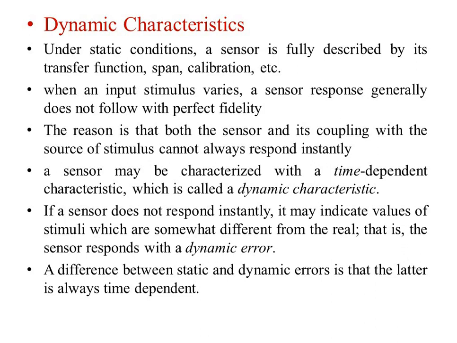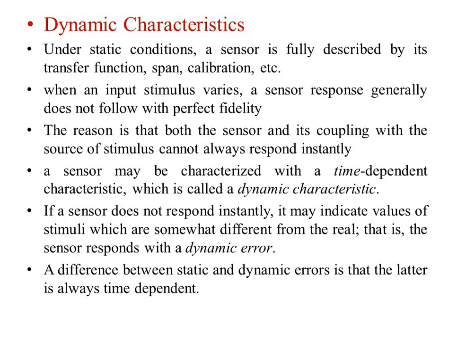So because of these dynamic characteristics, the sensor does not respond instantly. It may indicate a value of the stimuli which is somewhat different from the real one, and the sensor responds with a dynamic error.